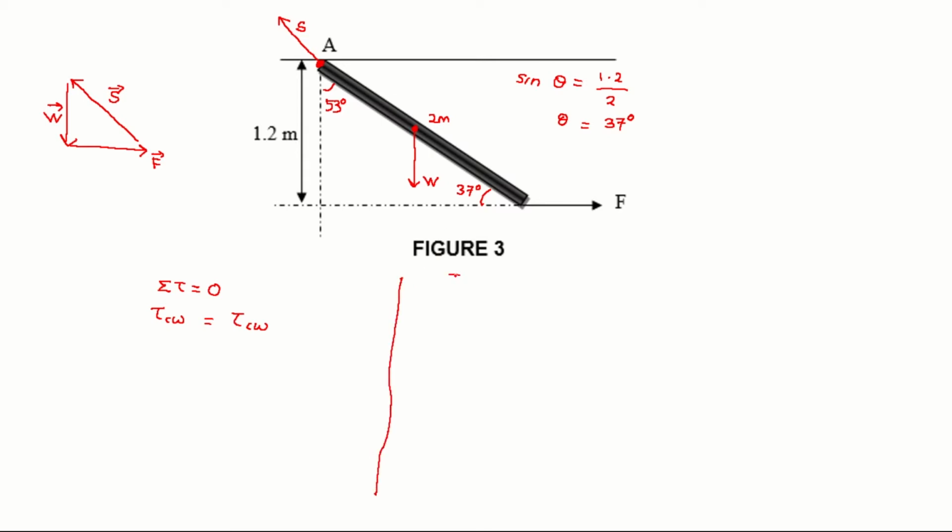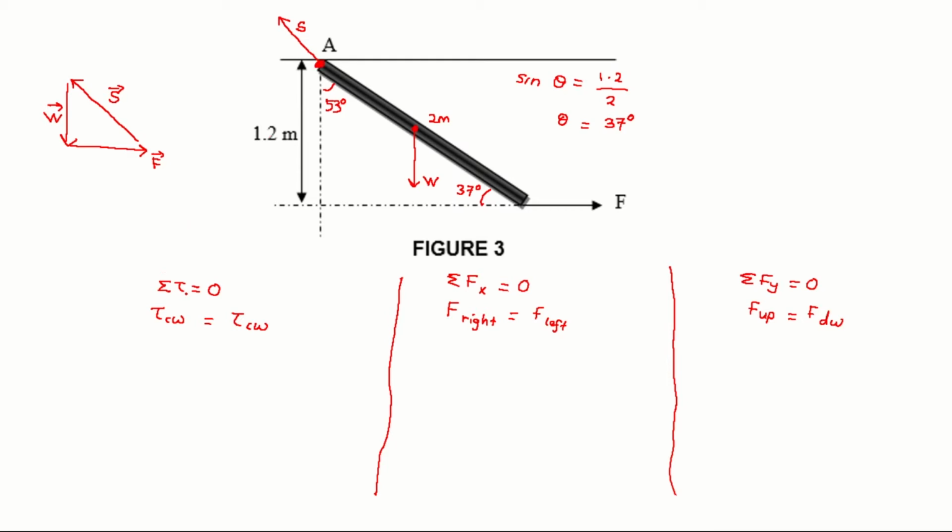Torque equals 0 and also the summation of force equals 0. So it means that along the x-axis, force at right side equals force at left side, and along the y-axis, force upward equals force downward.